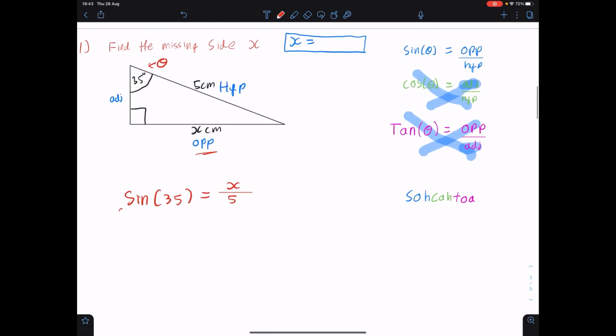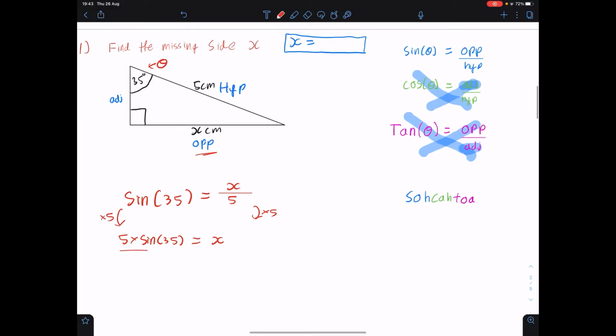So what we need to do here is times each side of this equation by 5. And in doing this, we get 5 times sine of 35 on the left-hand side, and on the right-hand side, we just get X. So we have solved for X, and if we punch this into our calculator, being careful about our brackets, making sure to close the brackets around the 35, we get that X equals 2.87.